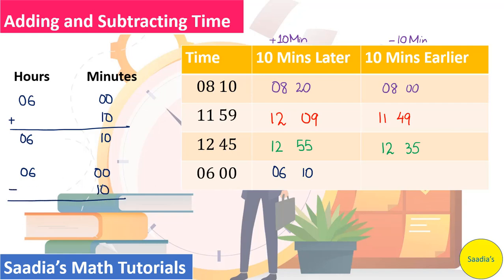Now we cannot subtract 10 from 0, so we need to borrow. When we borrow from here, it is 6 hours. These are 6 hours and these are minutes. So when we borrow 1, we basically borrow 1 hour. So how many hours would be left here? 5 hours. And when 1 hour comes over here, we have to write it in minutes. 1 hour means 60 minutes.